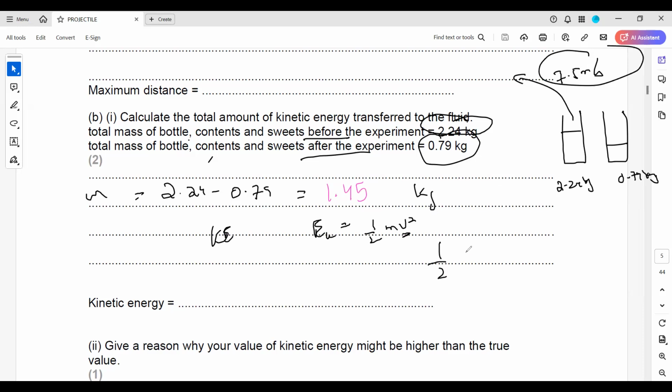We take half the mass, 1.45, times the speed at which it comes out, 7.5 square. That gives us the kinetic energy of the fluid, which is 40.78, or I can say 40.8 joules. Always write your answer in three significant figures.